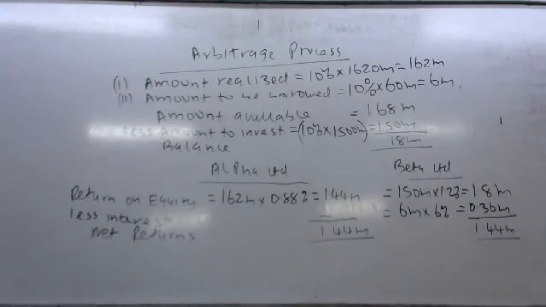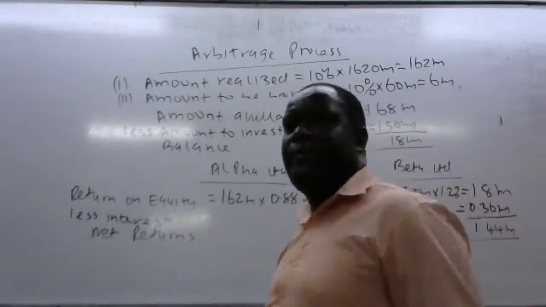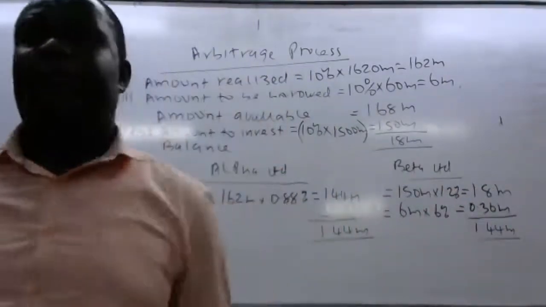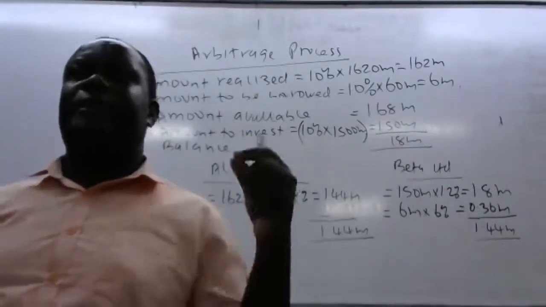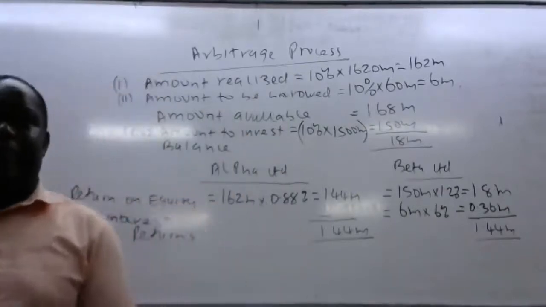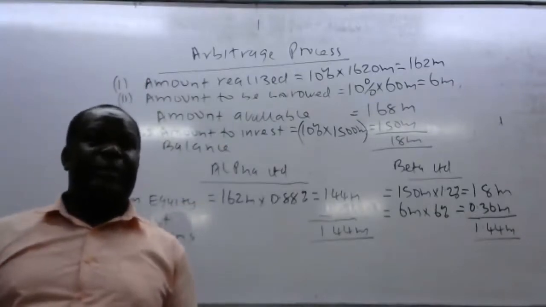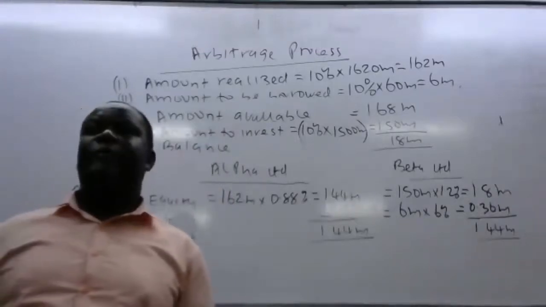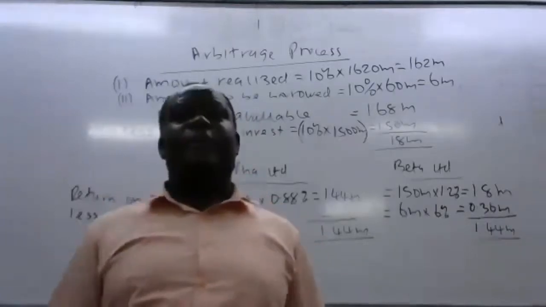So this is the advice M&M was giving you. Whether you move to the overvalued firm or you remain in the undervalued firm, your net returns will remain. Your net returns will remain. So there is no need of you moving from one company to another company, seeking to get higher returns.